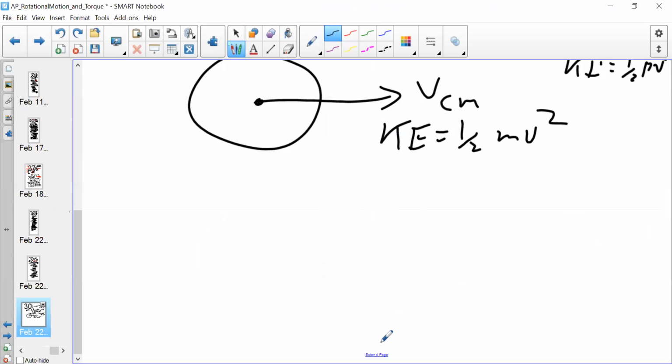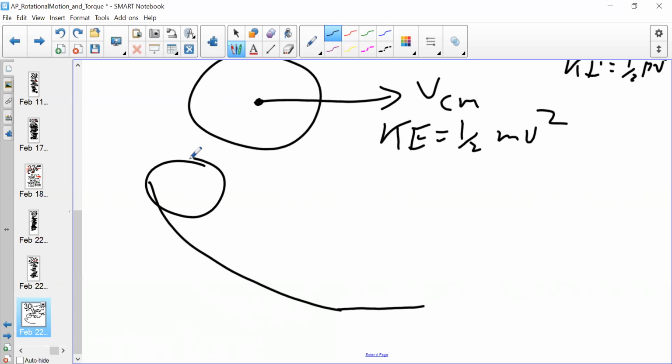So if I had an object at the top of a roller coaster, a sphere, solid disk, whatever it is, knowing its moment of inertia, I can find its linear velocity at the bottom by understanding that it has a height h above 0 and it's rolling forward and down. It's rotating and moving forward, moving downward.